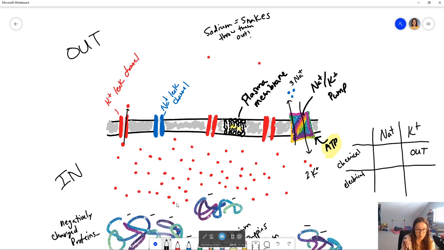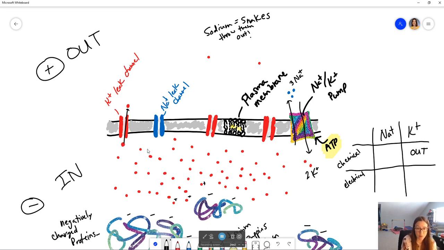So some of these positive potassiums aren't going to want to leave, because they're going to want to stick over here with these negative charges. So electrically, the inside of the cell is more negative than the outside of the cell.